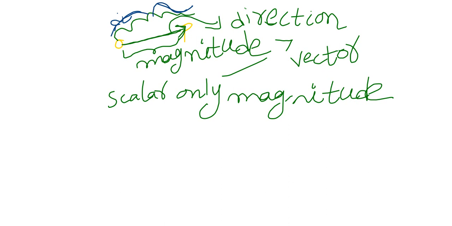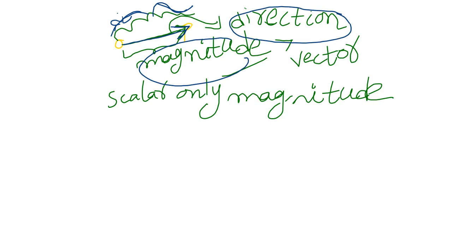The shortest length traveled by the object is displacement. So at last, any physical quantity that has both magnitude and direction is called a vector.